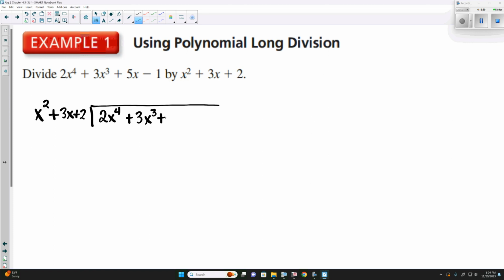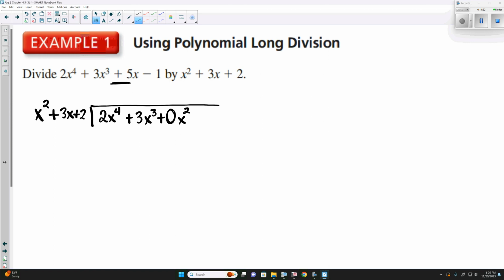What's our x squared term? Do we have one? There is no x squared term, is there? If there is a term missing, we have to add it back in. And the way we add it back in is putting 0 in front of it.